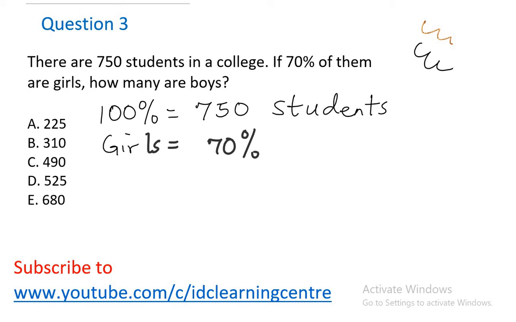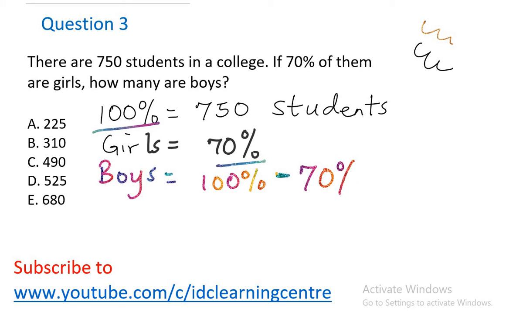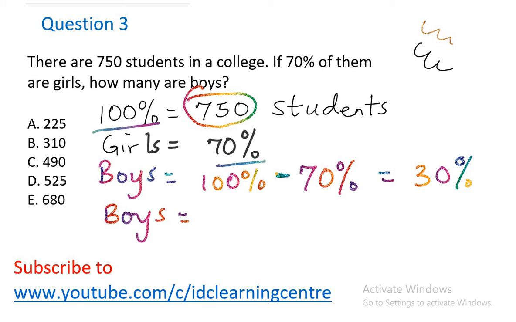If total number is equal to 100%, and we know that girls are 70%, then the boys must be the total, which is 100%, minus the percentage for girls, 100% minus 70%. Boys will be 30%, isn't it? The total number of students has been given as 750. So boys will simply be 30% of that amount.